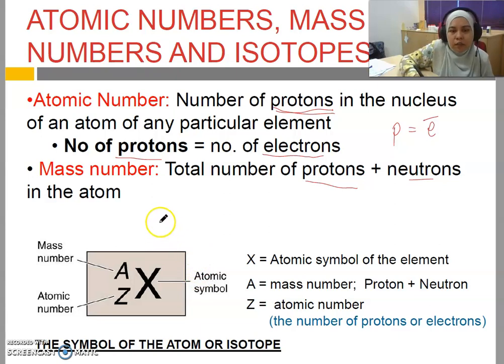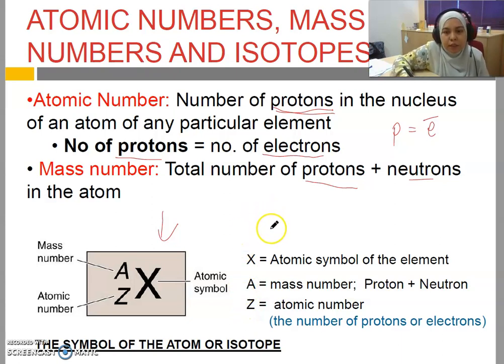Alright. So, here is the symbol of any atom or isotope. For example, tadi, you ada carbon. Kalau kita tengok dalam periodic table, atomic number dia adalah 6. Means that proton number is 6. Automatic electron also 6.